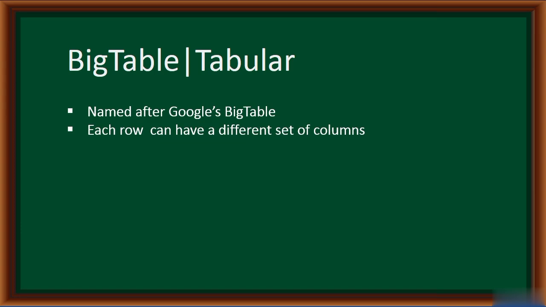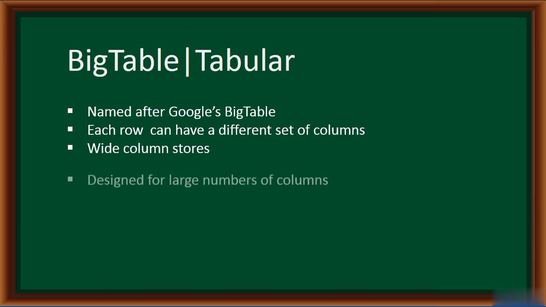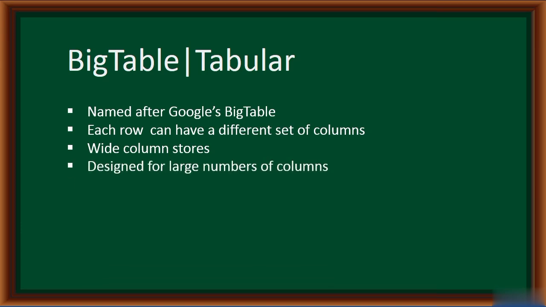They are also referred to as tables with wide column stores. What that means is that they are designed to accommodate large columns. The rows in a tabular database are usually versioned. That means they've got version numbers.